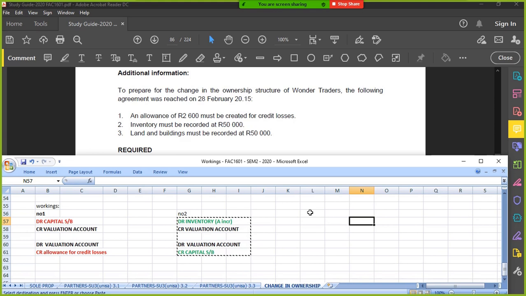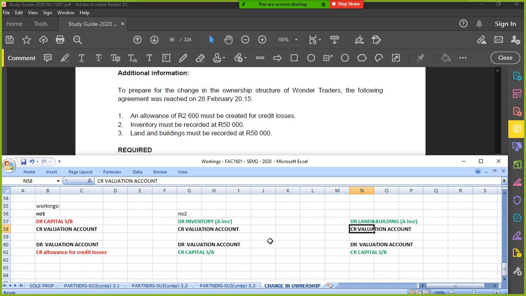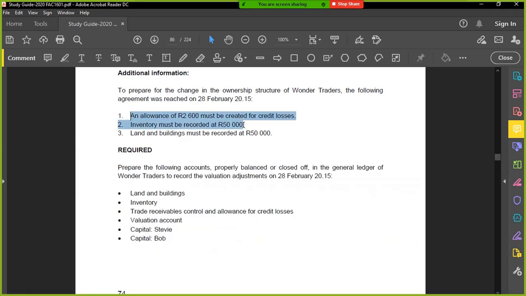Debit the valuation account and credit capital. Very good. Look how easy that is. As long as you can remember what's happening, you can get it. It comes back to what you saw in those notes. Valuation is just a working account. It always works itself out.